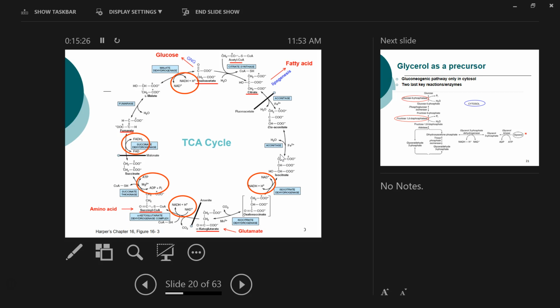Then this molecule is converted to, if you still remember, PEP, right, and enters the gluconeogenic pathway. So this is how glutamate involves the TCA cycle for gluconeogenesis.